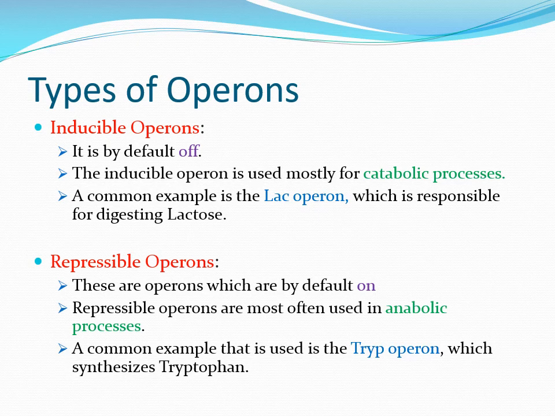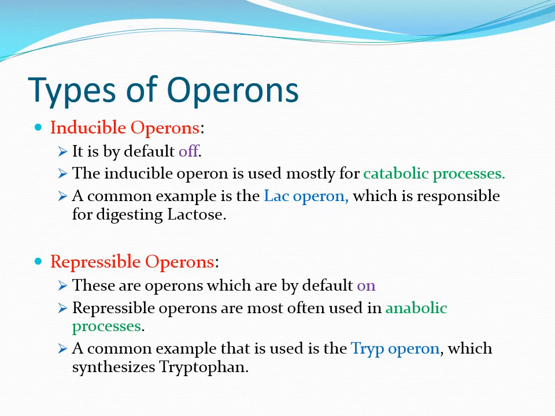The anabolic processes, which are responsible for the formation of complex molecules from simple molecules, and the catabolic processes, in which complex organic molecules break down to form simple molecules.